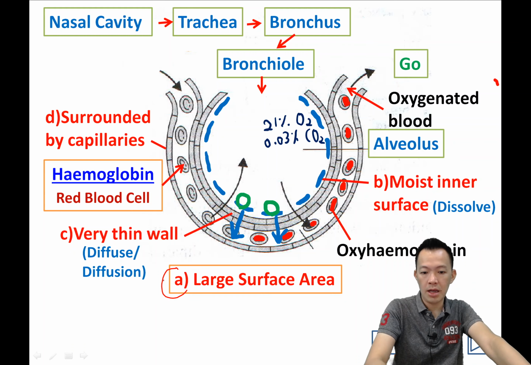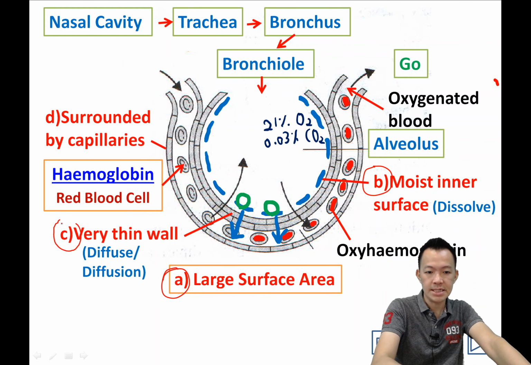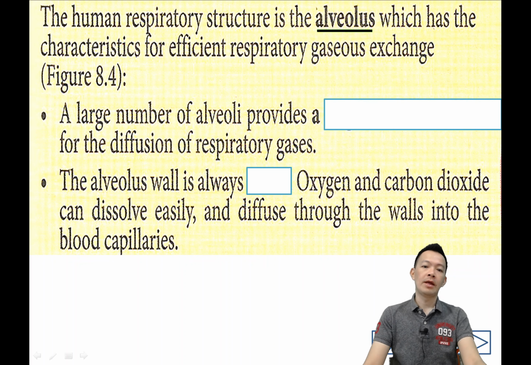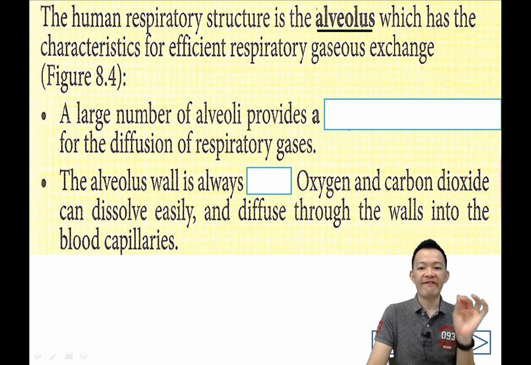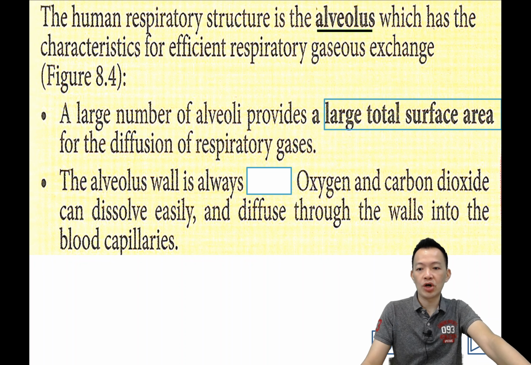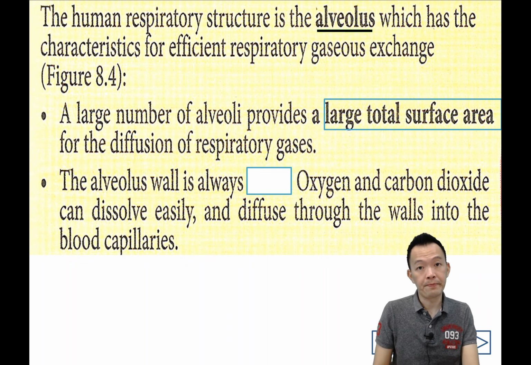So where's the answer? A, B, C, D. Where to copy the answer? Page number 6, 第6面就在这边罢了. Now, the human respiratory structure is the alveolus, 多就叫 alveoli, which has characteristics for efficient respiratory gases exchange. 它有什么特征呢？First, a large number of alveoli provide a large total surface area for the diffusion of the respiratory gases, 给气体慢慢的渗透.